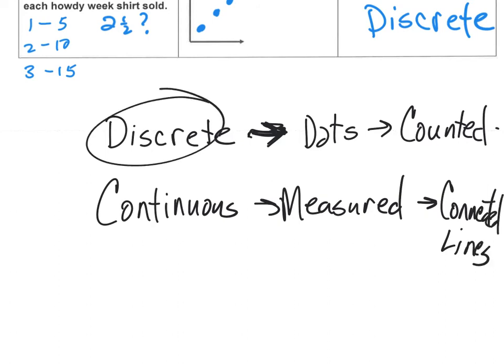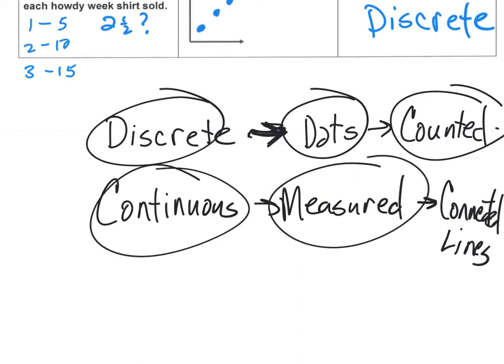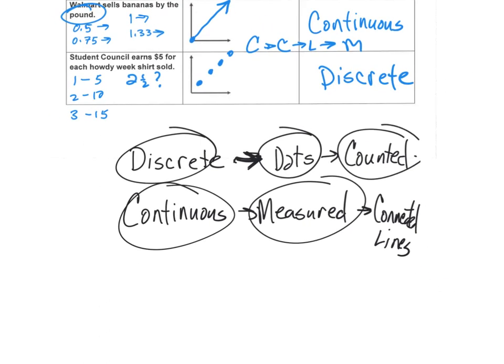Okay, so discrete has points or distinct dots, and it's counted things like number of nights in a hotel, number of t-shirts sold. Continuous is things that are measured: pounds, time, weight, etc.